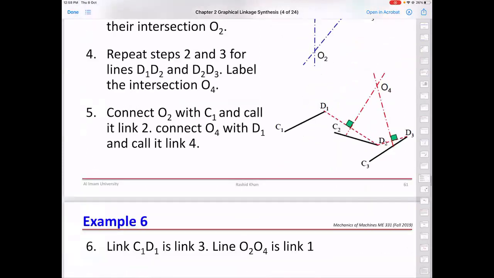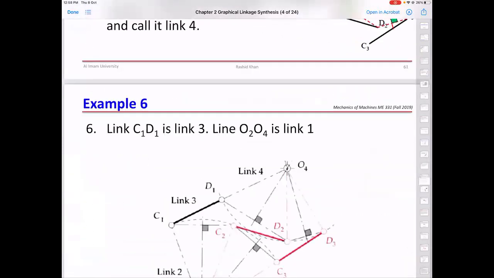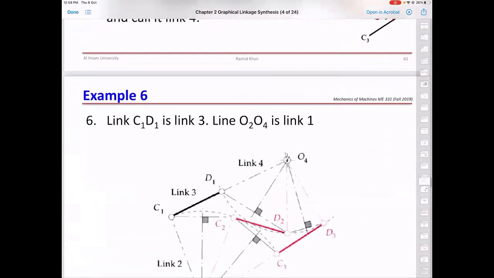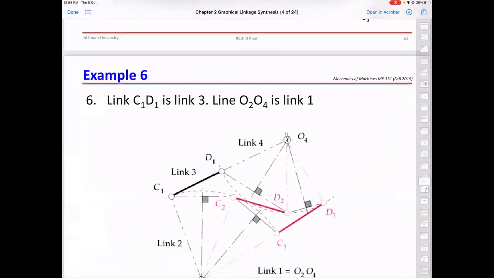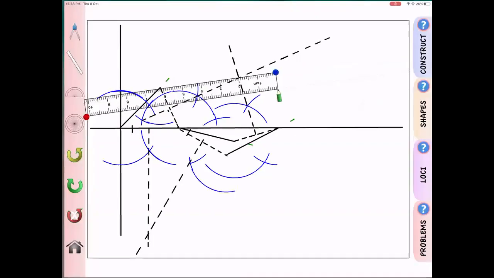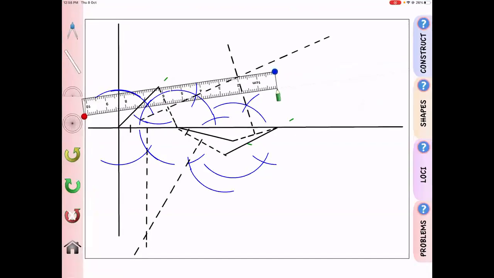Now let's move on. Link C1, D1 is link 3. Okay. We know and we assume it is 30 millimeter, right? Okay. Line O2, O4 is link 1, which is the ground. Definitely it is in between two pivot points. So let's measure. I'm not sure it's enough scale.